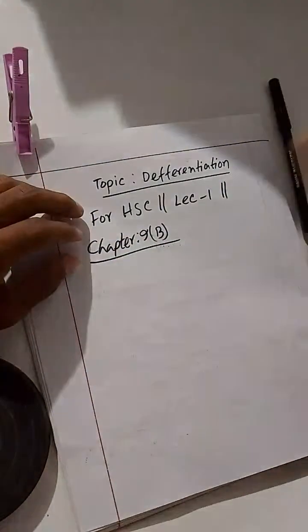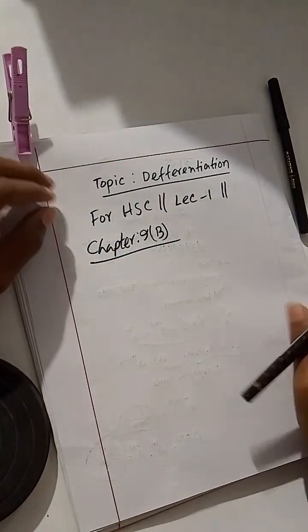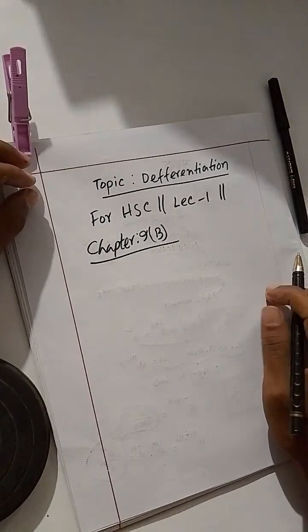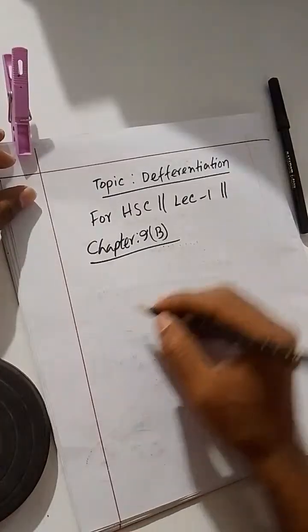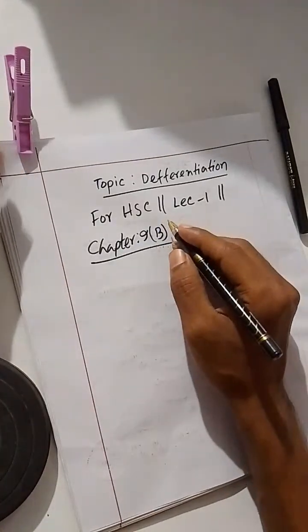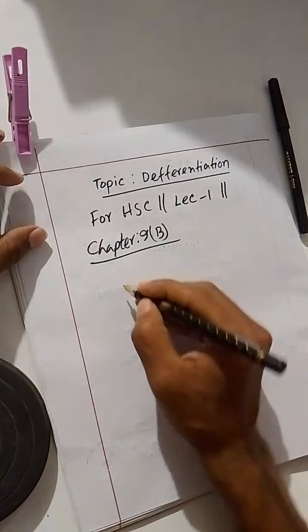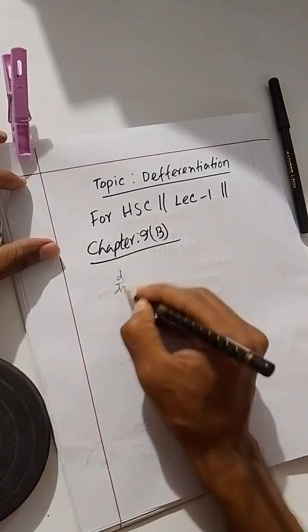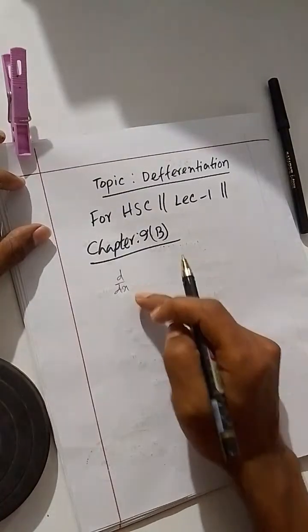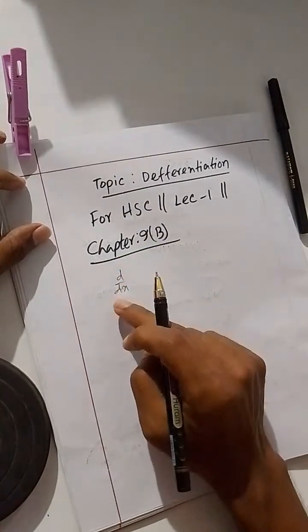So at first I will teach you some formulas. When we differentiate, it is written something like d/dx. When you open your book you may see this d/dx.